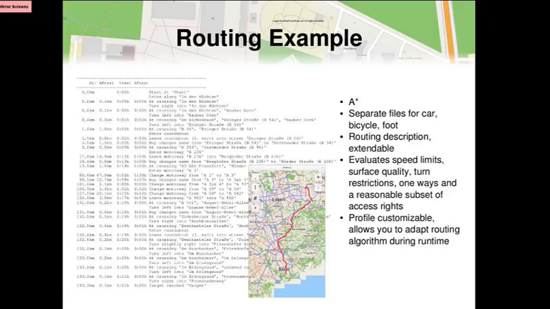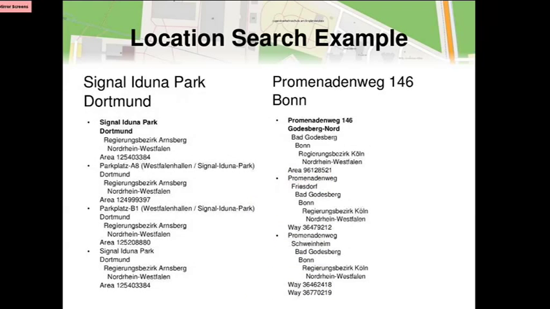It evaluates speed limits, surface quality, turn restrictions, one-ways, and a reasonable subset of access rights. And the profile is customizable, so you have rather big influence on the actual routing decisions. So you could even input some live traffic information, which is not part of the library, but you could integrate it.